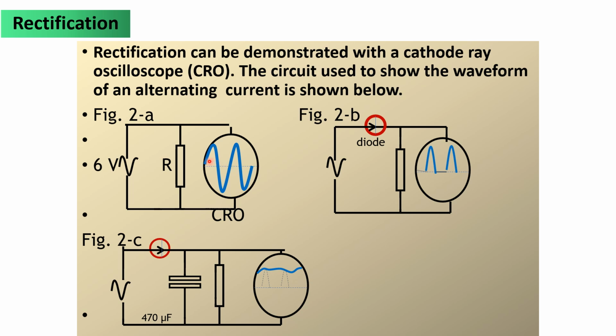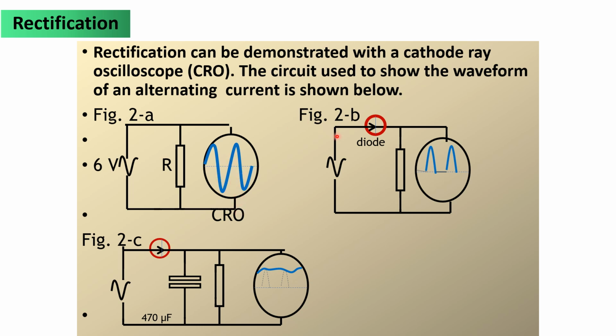So positive, then negative, back to positive, and then back to negative. So we have here a two-cycle waveform or wave pattern. That is how the wave that represents the alternating current can be seen in a cathode ray oscilloscope.